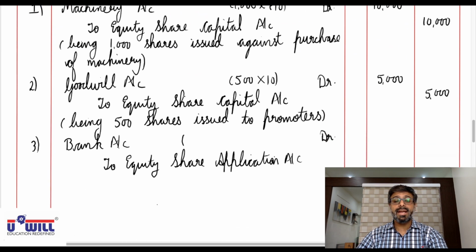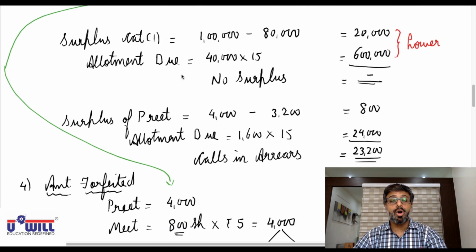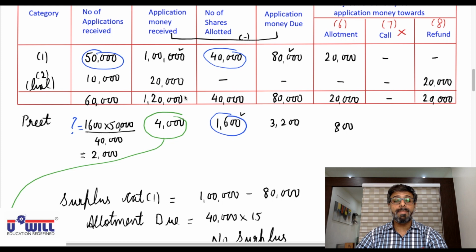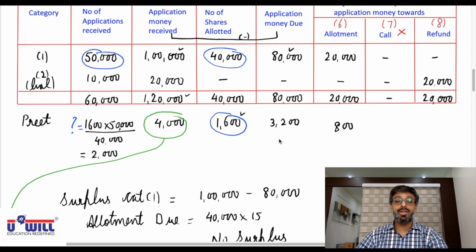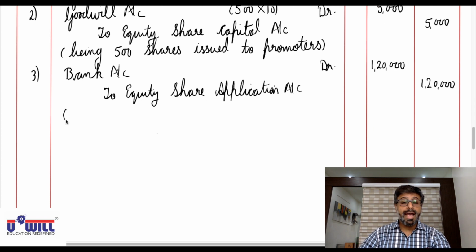Amount we directly get from the workings of pro rata allotment. Column number 3, total application money received is 1,20,000. Being application money received.